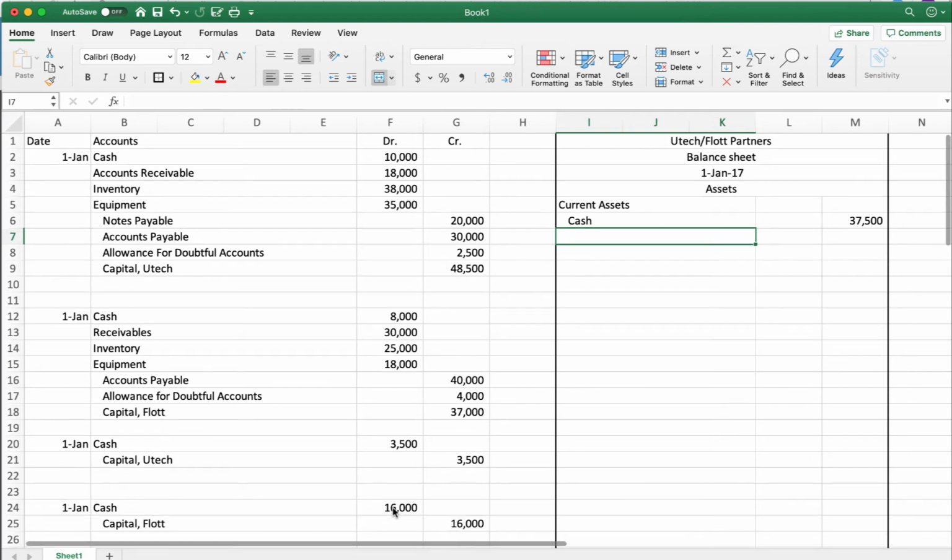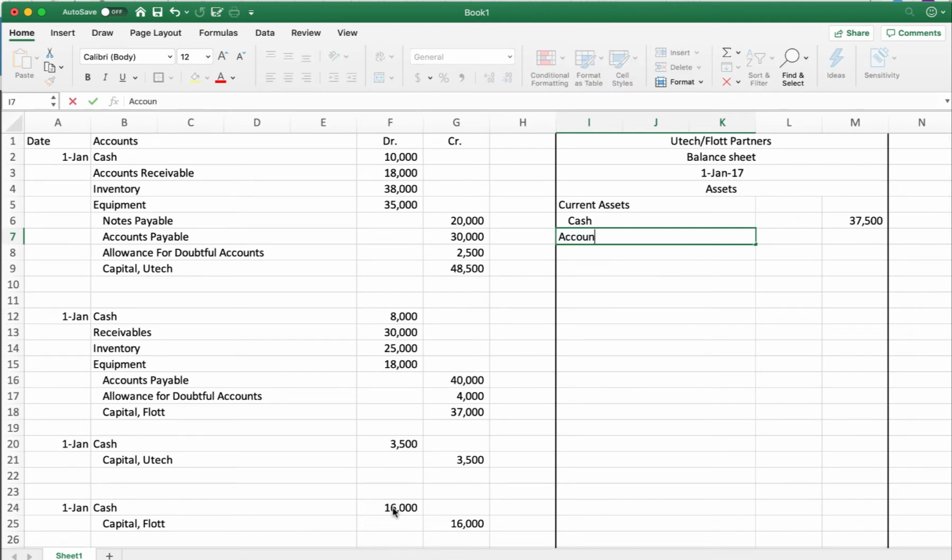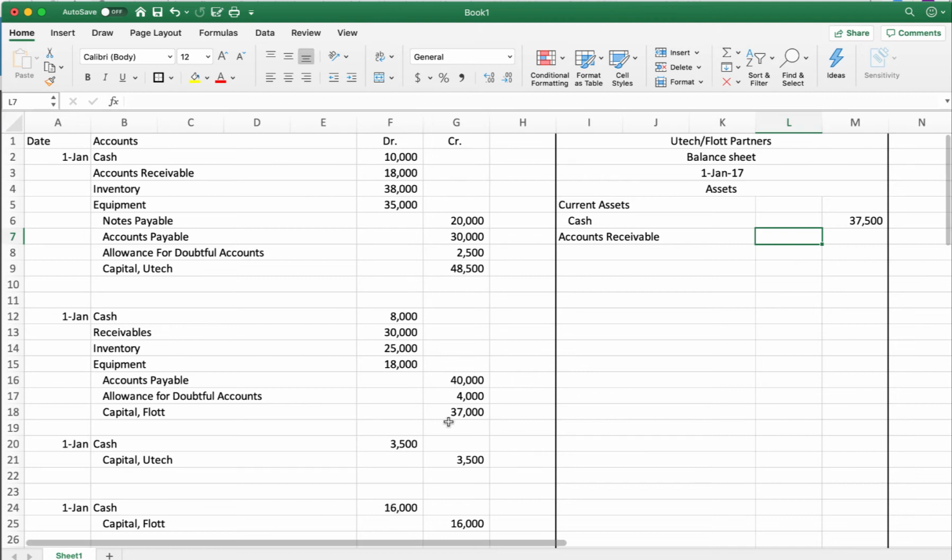Next thing we need to account for is accounts receivable. Now, I'm going to post the total in column L. Oh, go back, forgot to indent. So I need to add up all the journal entries that hit accounts receivable.